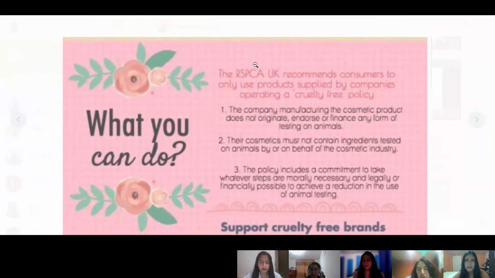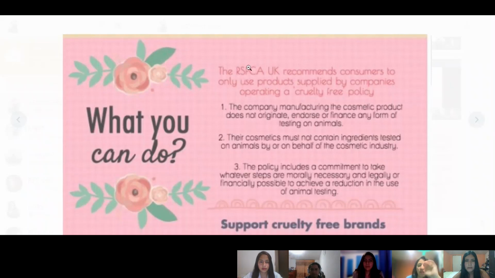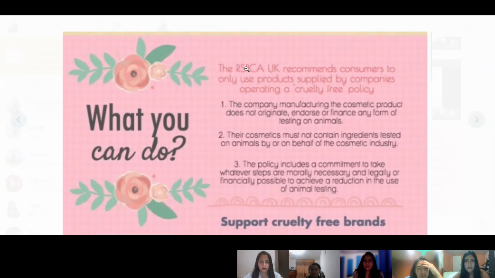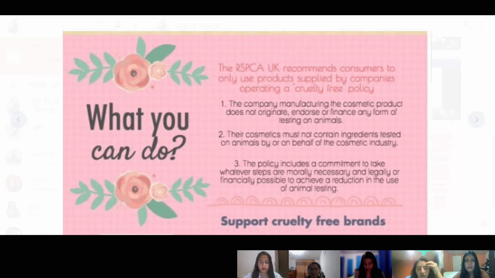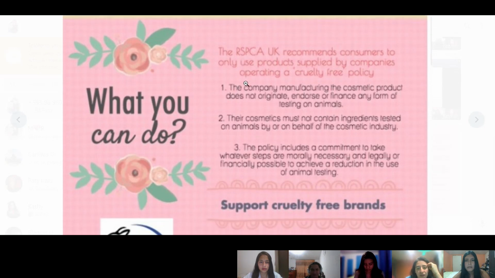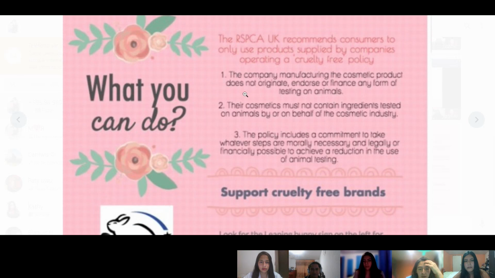The first one, the company manufacturing the cosmetic product does not originate, endorse, or finance any form of testing on animals. Number two, the cosmetics must not contain ingredients tested on animals by or on behalf of the cosmetic industry. Number three, the policy includes a commitment to take whatever steps are morally necessary and legally or financially possible to achieve a reduction in the use of animal testing. Support cruelty-free brands.